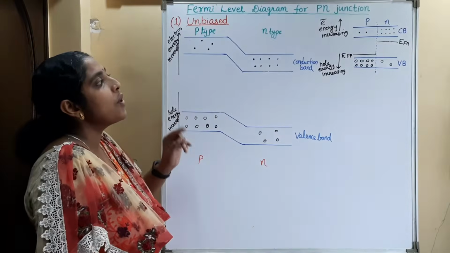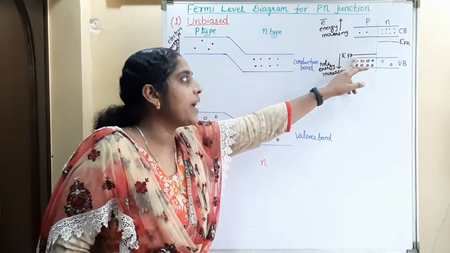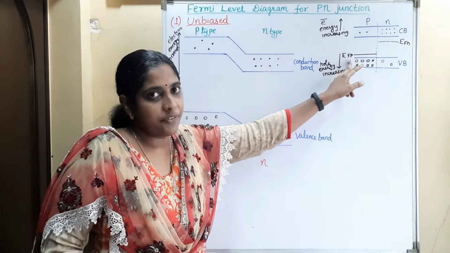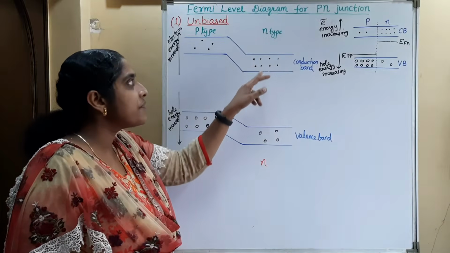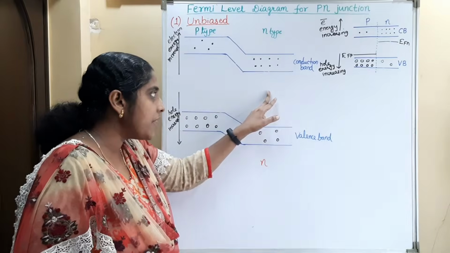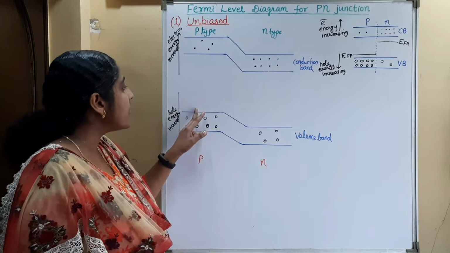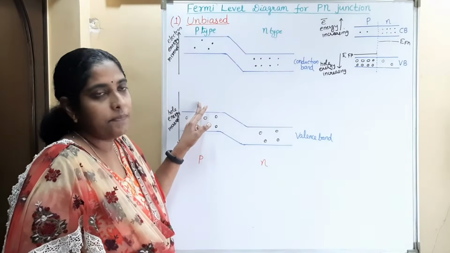Then what happens to Fermi level position? Before the PN junction is formed, in P and N side, the Fermi levels are at a different position. When the PN junction is formed, due to the downward shift in the N region, the Fermi level in N region will shift downwards, and in the P region will shift upwards due to the upward movement of the band structure in P region.